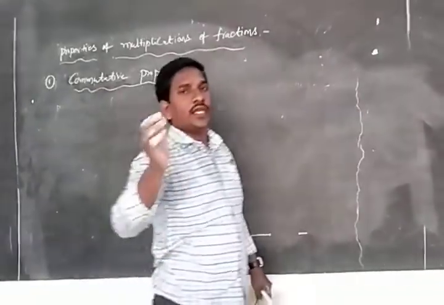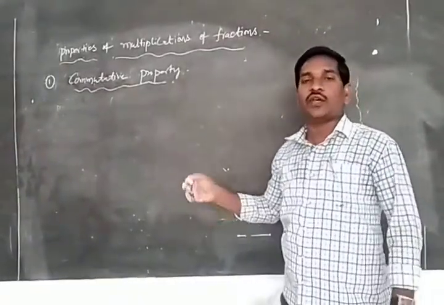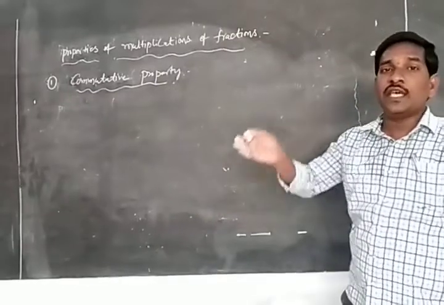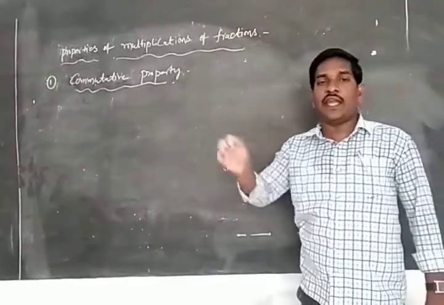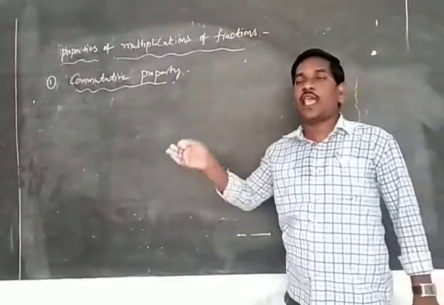In additions, a by b and c by d both are fractions, and addition of fractions a by b plus c by d equal to c by d plus a by b.